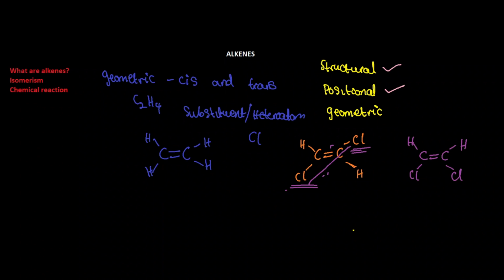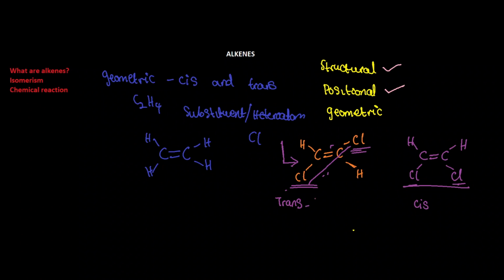Now let's take a look at this. Notice that the chlorine atoms exist on the same side of the double bond, so they are both below the double bond in this way. And if we were to draw a line connecting the 2, it's a straight line. Now the first example that we have here is a trans isomer, and this is a cis isomer.